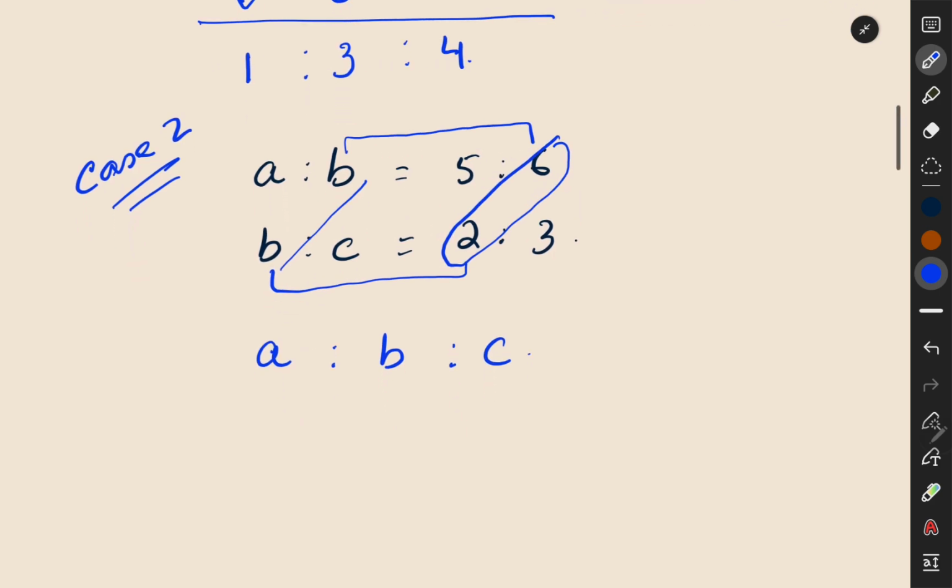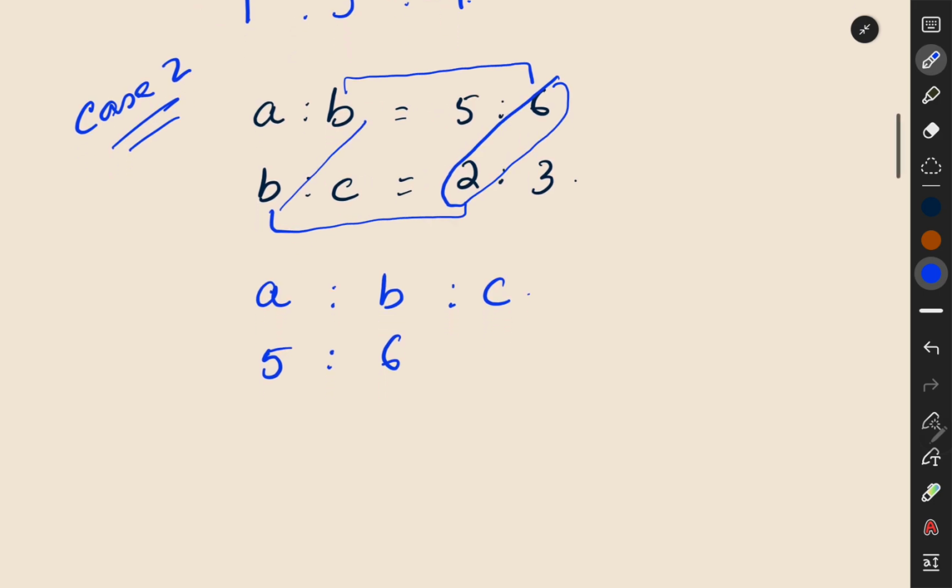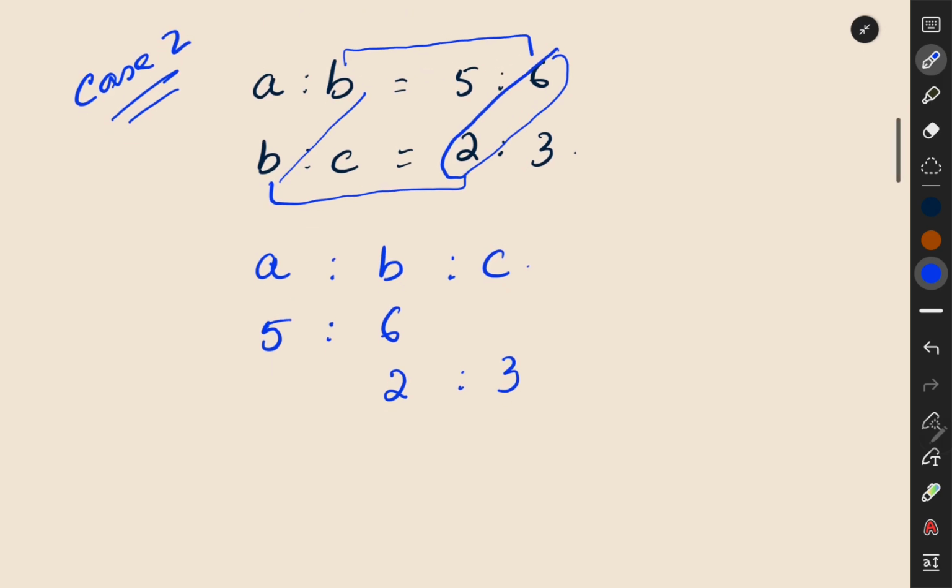Now to solve this, we first write the values of first ratio A and B, which is 5 and 6. The next ratio B is to C has value 2 and 3. Now to solve it, to solve this type of continued ratio in case 2, we follow the pattern of arrow, that is from head to tail.